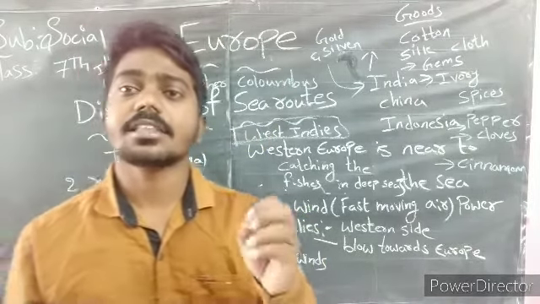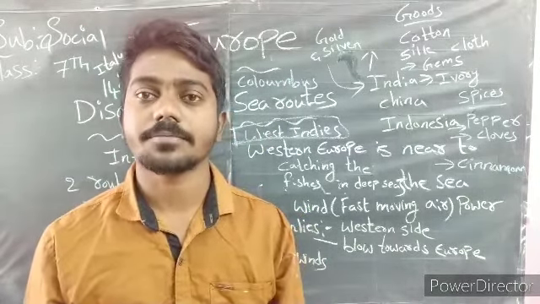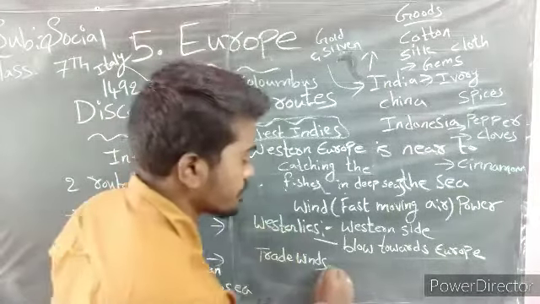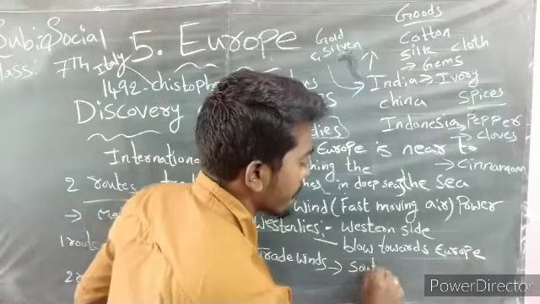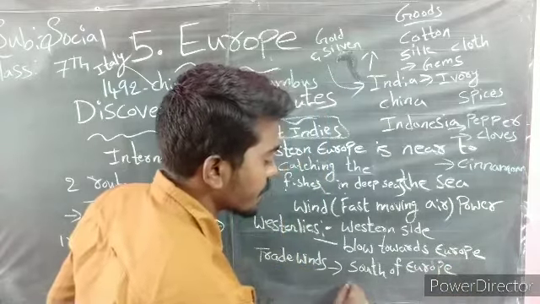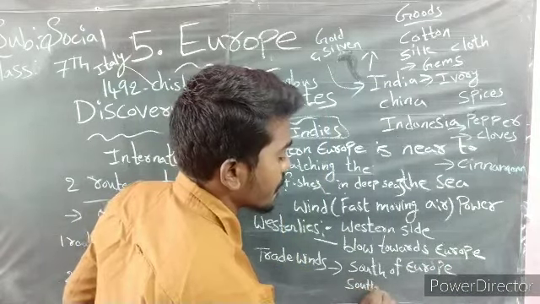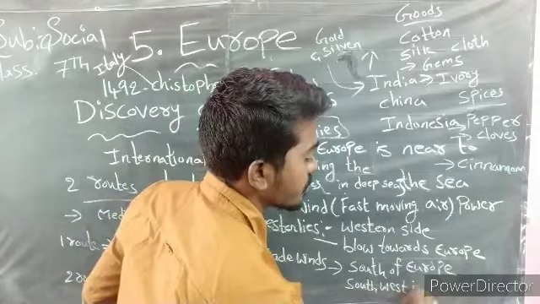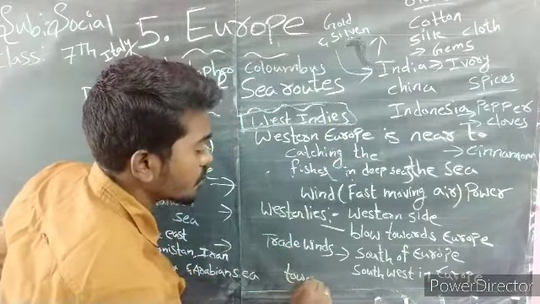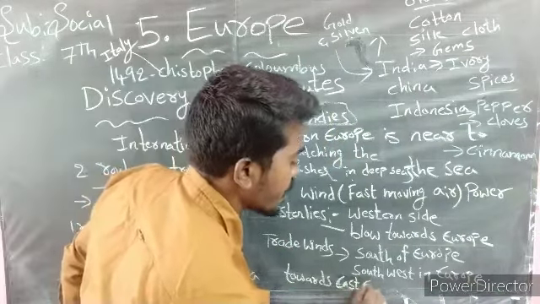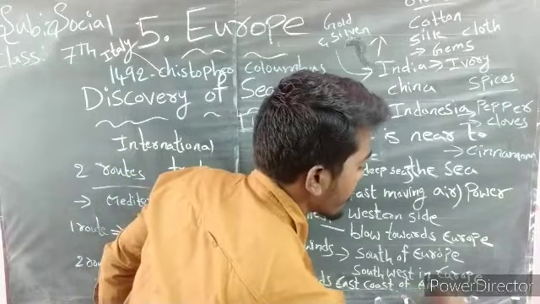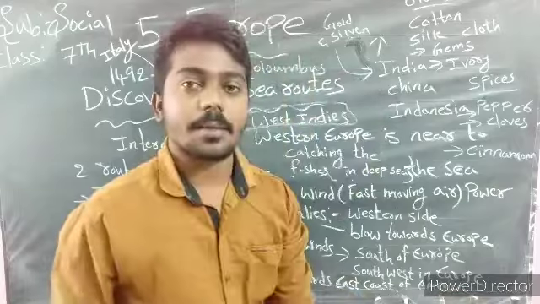Yes, in the south of Europe also the winds blow. In the south of Europe, the winds blow in the direction of the southwest of Europe towards the east coast of America.